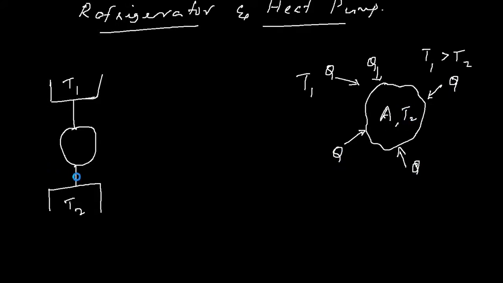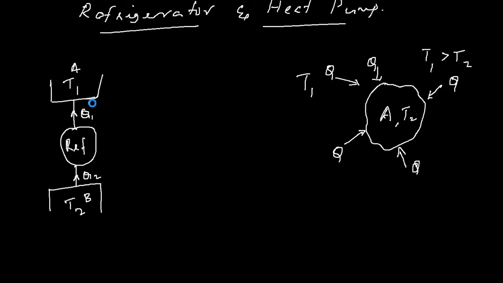So that heat, let's say Q2, needs to be removed from the body and rejected to T1, the body at the high temperature. Let's call that Q1. So that's what is happening in a refrigerator. Let's call this body A and this body B. A refrigerator tries to maintain the temperature here, whereas a heat pump tries to maintain the temperature here.